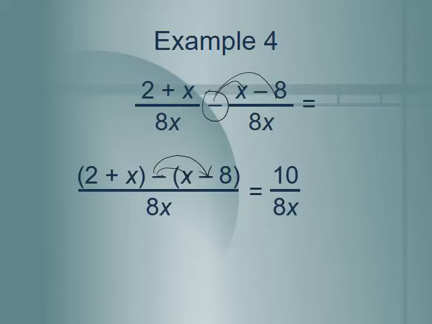So we have 2 plus 8 is 10, and then we have x minus x leaves no x. So whenever you're subtracting, make sure you distribute that negative sign if there's something in parentheses to distribute.